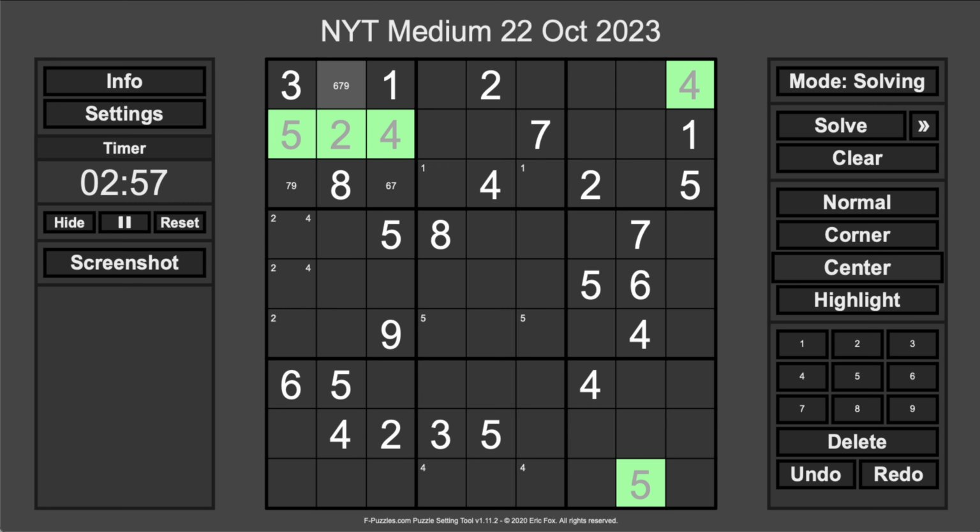Let's see. In box 7, I've got 2, 4, 5, 6. I need 1, 3, 7, 8, 9. Well, neither of these are 1 or 9. So these are 3, 7, 8.